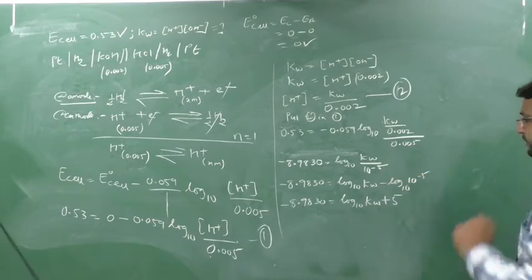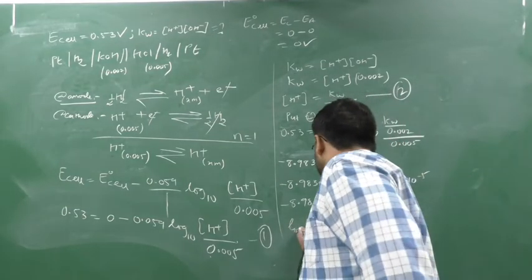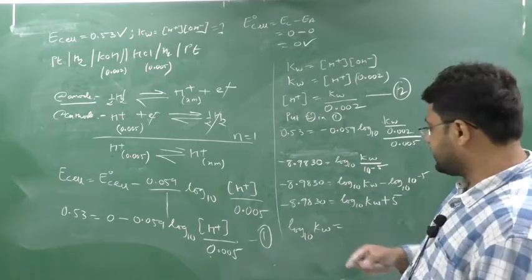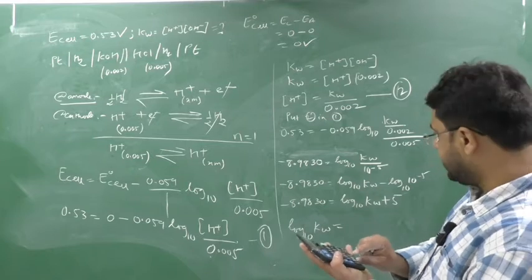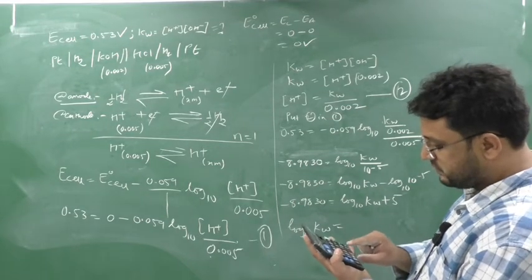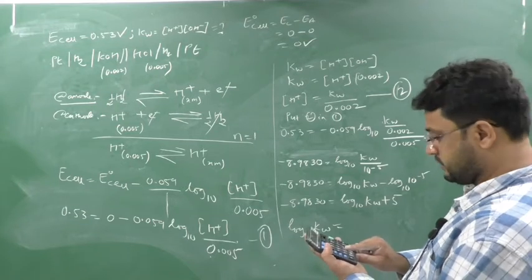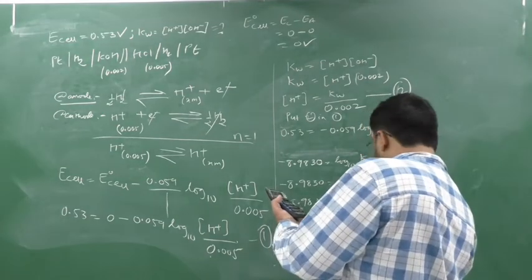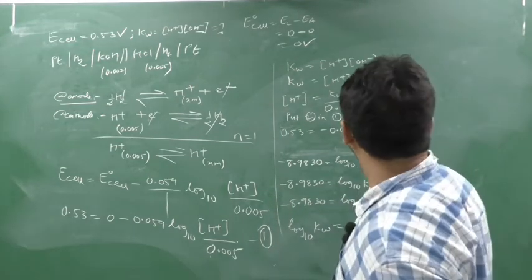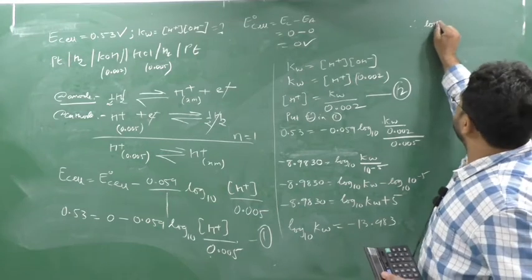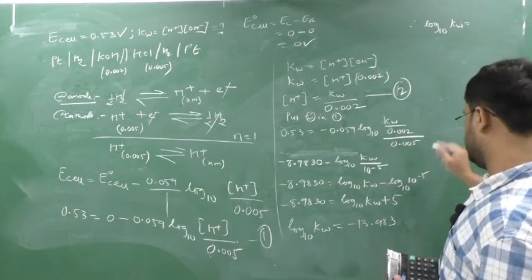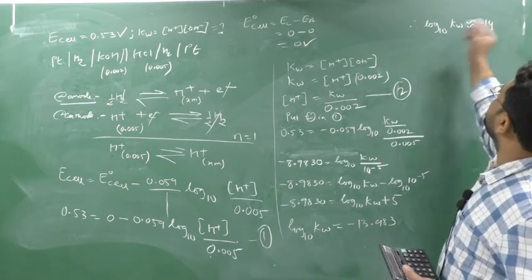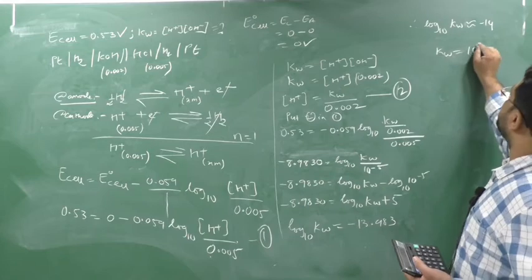This 5 will go to that side, so log to the base 10 Kw equals minus 8.983 minus 5, which is minus 13.983. Therefore log to the base 10 Kw is nearly equal to minus 14, and taking the antilog, Kw is 10 to the power minus 14.